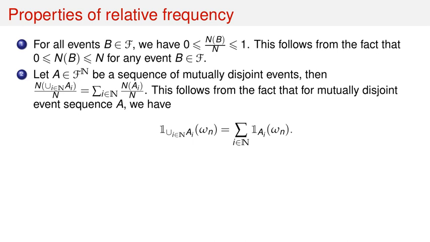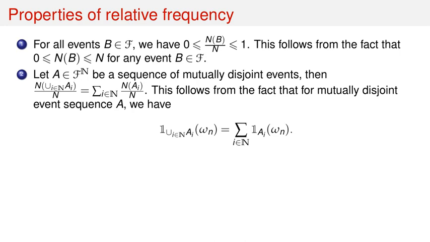Second, let A in script F to the N be a sequence of mutually disjoint events. Then the relative frequency of their union, N of the union over i in N of Ai divided by n, is equal to the sum over i in N of N of Ai divided by n.